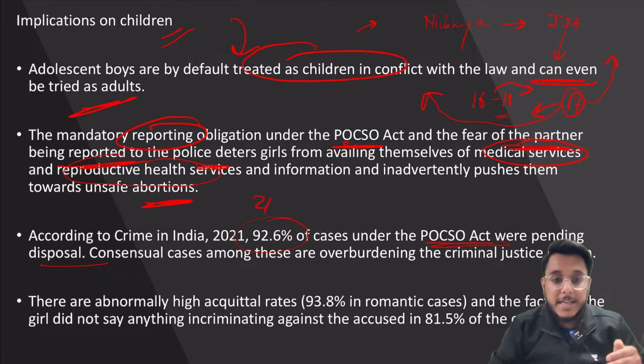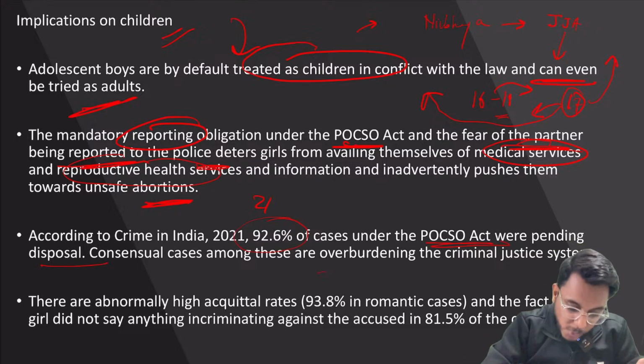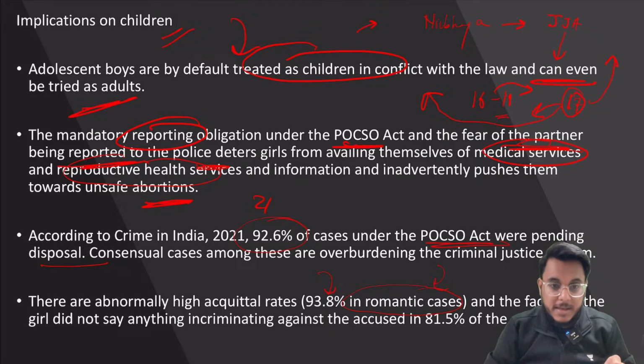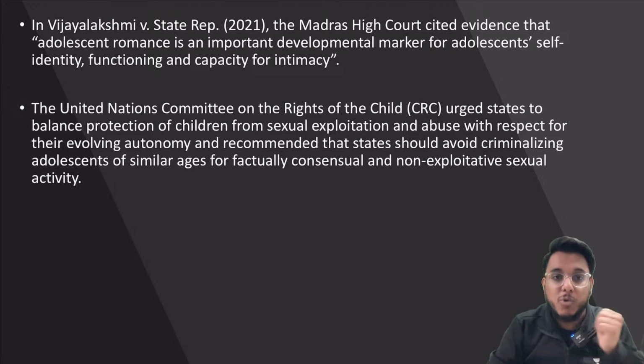They have not been disposed of. Moreover, the acquittal rate is very high under the POCSO Act. 93.8% acquittal rates are there in the romantic cases. Is it clear or not? Fine. So because of this, there is an urgent need that we amend.